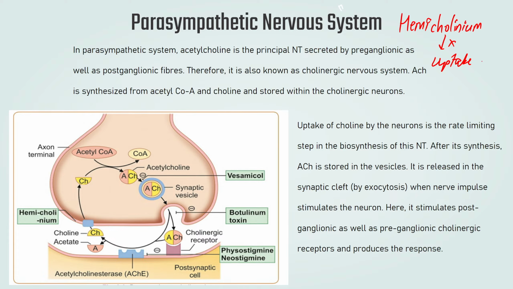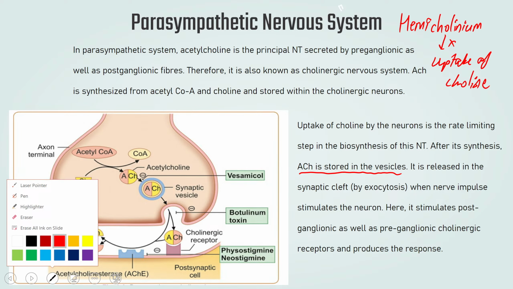It will inhibit the uptake of choline, which is the first step in acetylcholine synthesis. And after it is taken up by the neurons, acetyl coenzyme A and choline will combine to form acetylcholine. Once this acetylcholine is formed, it will be stored in the vesicles. This step of storage in the vesicles is inhibited by vesamicol.